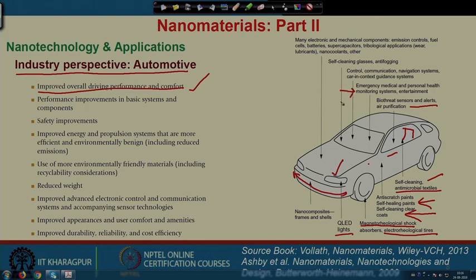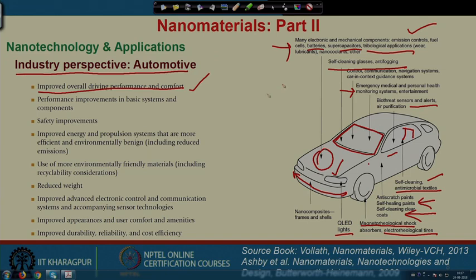Some emergency medical health monitoring systems can also be given in a car, and the screen itself is a very important aspect of a car, where we can use self-cleaning glasses or anti-fogging glasses. And many electrical or mechanical components: emission control, batteries, supercapacitors, tribological applications, let us say wear, lubricant, nano coolant. Okay, so here we have a coolant, right, inside a car, and we can use some nanotechnology for that.